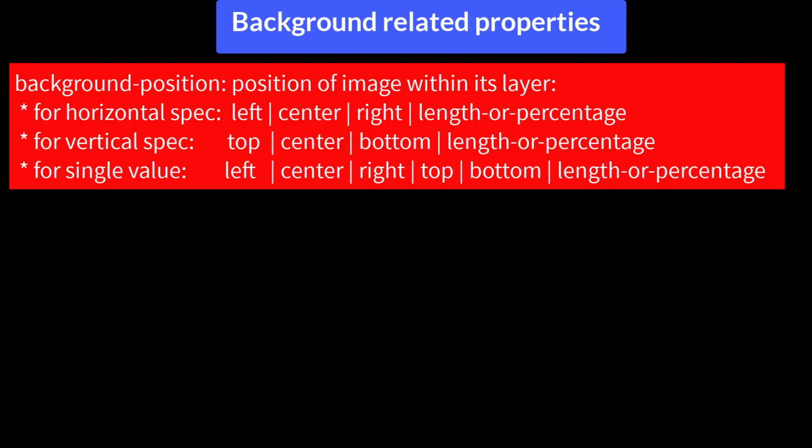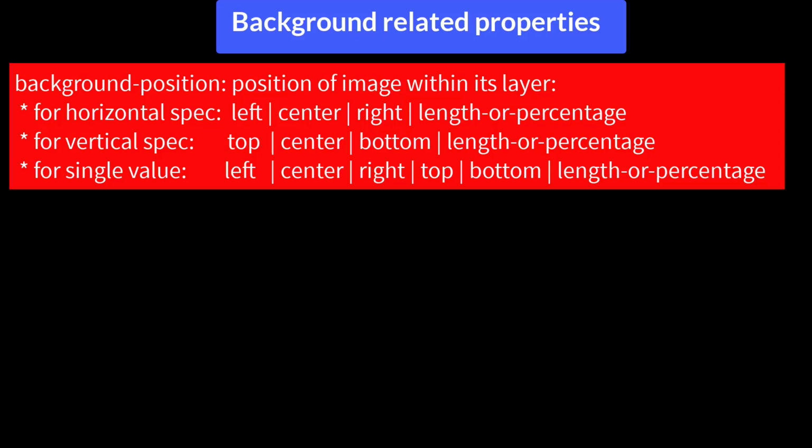Another background-related property is background-position. Position of the image within its layer. For a horizontal spec, you say left or center or right or a length or percentage value, one of those four choices. For a vertical spec, you say top or center or bottom or length or percentage value.